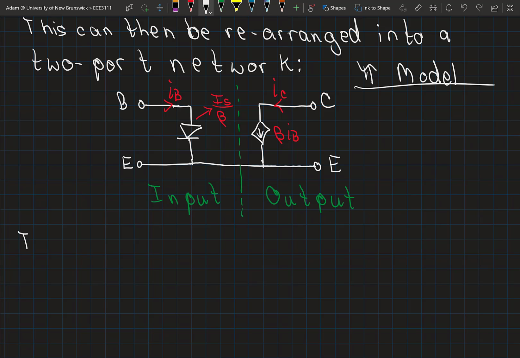In this arrangement it's clear to see that the device can be separated into input and output.